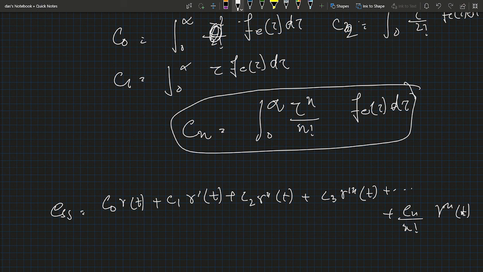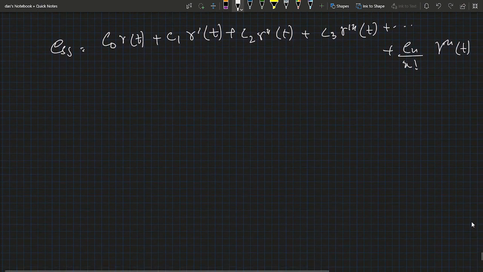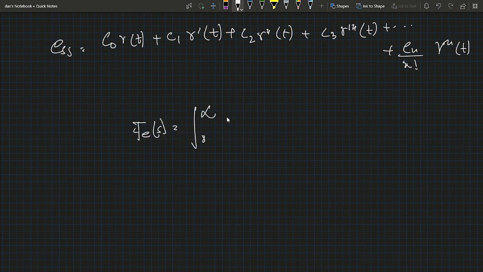Okay, and now one thing is remaining. From the inverse Laplace and the Laplace definition, we already know that F_e(s), the error function, is basically the integral from 0 to infinity of f_e(tau) e to the power minus s tau d tau. Tau is a dummy variable parameter expressed in the time domain.